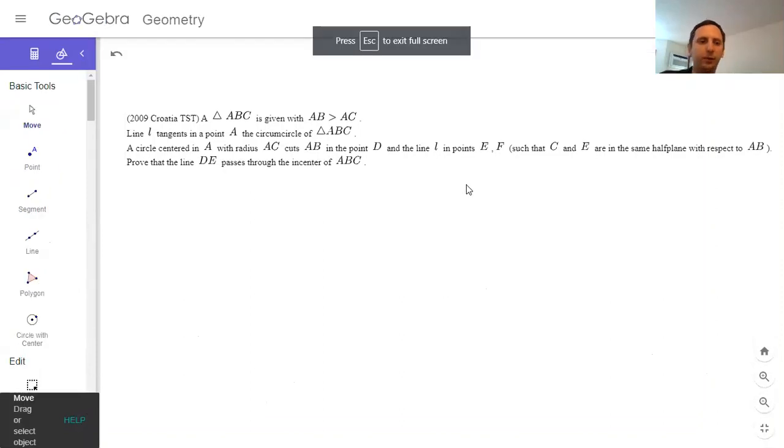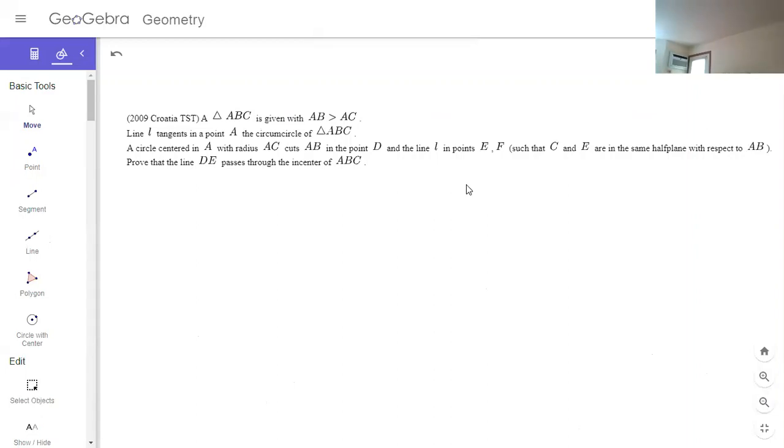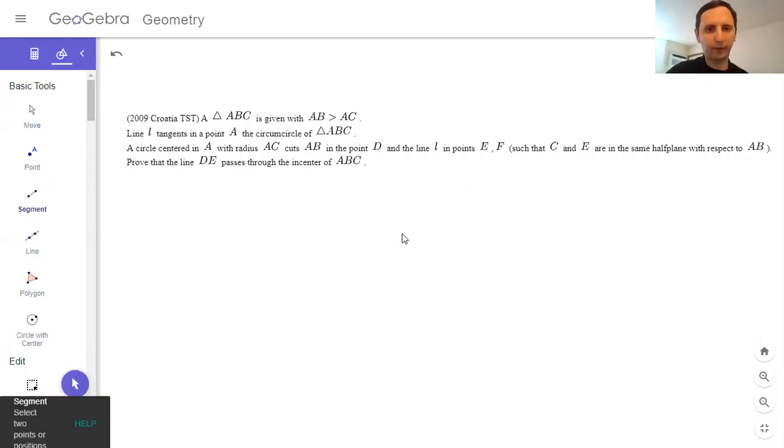Oh, this one looked kind of interesting. Okay, so the triangle ABC, where AB is greater than AC.